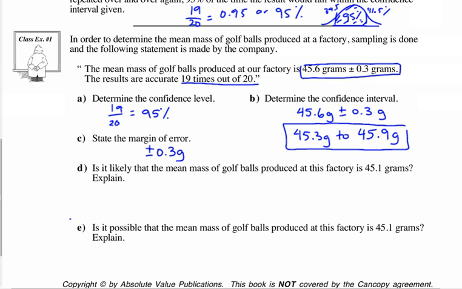Is it likely that the mean mass of the golf balls produced in this factory is 45.1 grams? Explain. Well, look at our range. Is 45.1 grams within that range of 45.3 to 45.9?